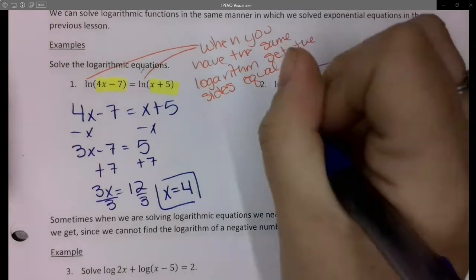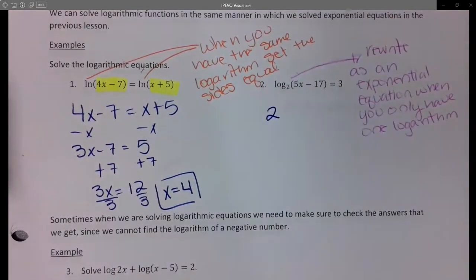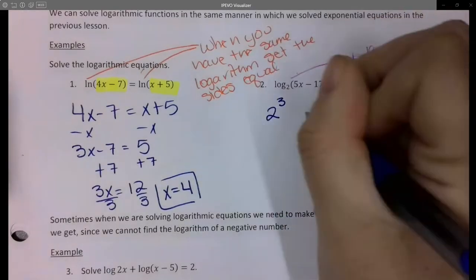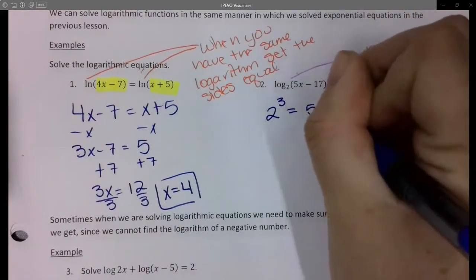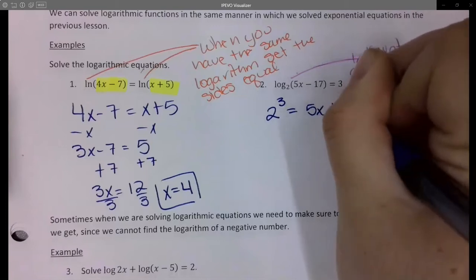Okay, so I can rewrite this as 2 because my log base was 2, so my base of my exponential is going to be 2 with an exponent of 3, and then it's going to equal 5x minus 17.